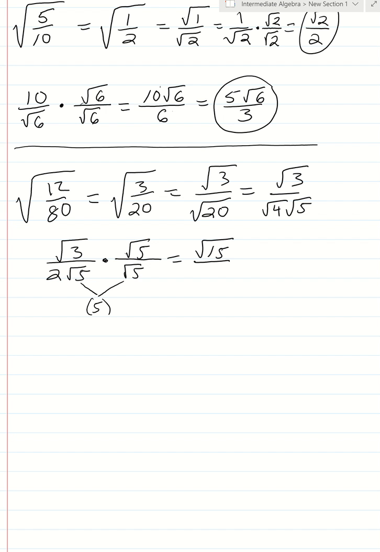But don't forget, we also have to multiply it with the number 2 that was hanging around on the outside. And 2 times 5 would give us a 10. So our simplified answer would be the square root of 15 over 10.